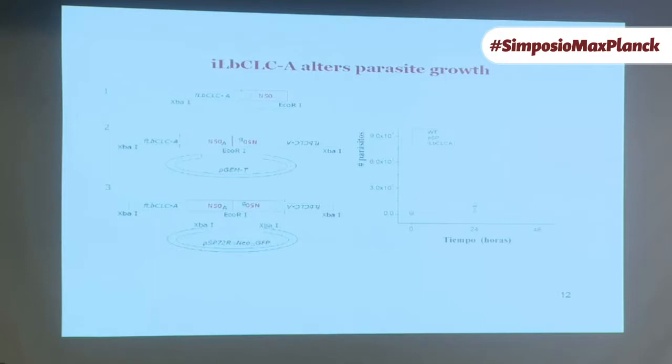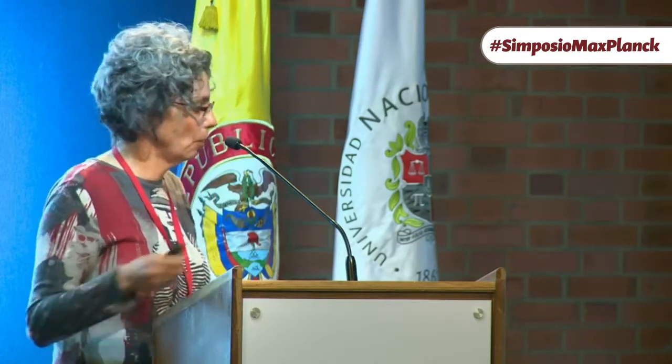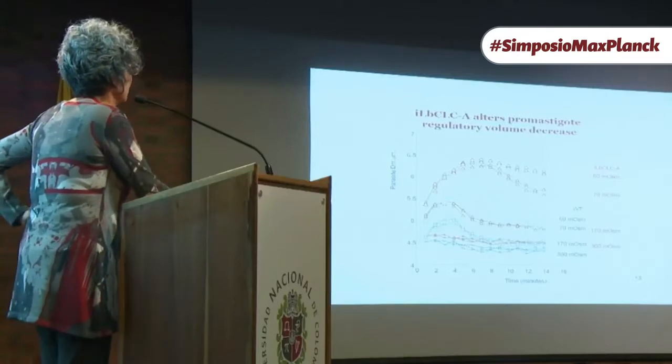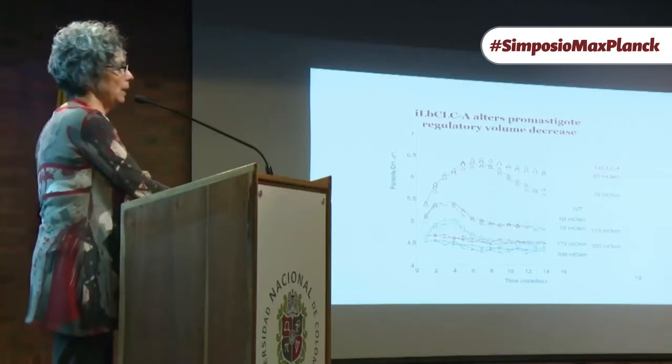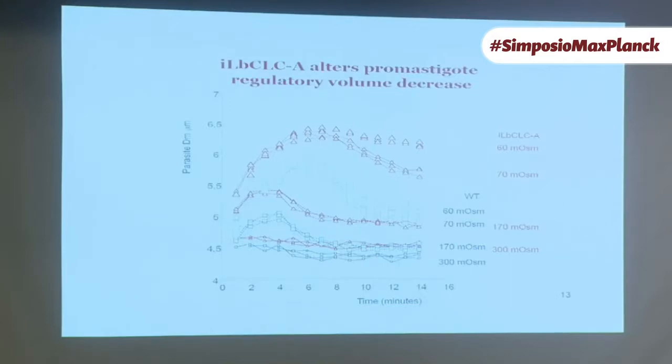that theoretically expresses less of this protein. The first thing we found with this line is that it grows less than the wild type or the line that is only transfected with the plasmid, the bacterial DNA that we use to transform these parasites. One of the interesting things is that we looked for changes in volume because of the previous data. Leishmania is a eukaryotic cell, and as any eukaryotic cell should be tested with a hypotonic challenge.